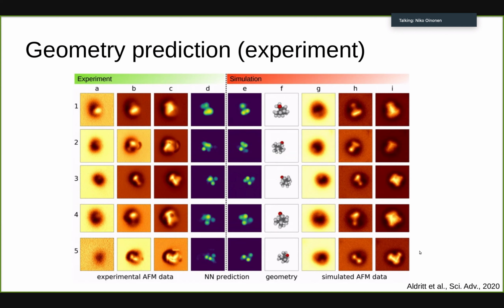For example, in this case, there's some weird thing in the experiment which is not there in the simulations. From the expert point of view, we can say that it's reasonable that the simulation doesn't have that kind of effect. But if you did some very simple matching between the experimental and simulated images, it might be very difficult to do in any kind of automated way.